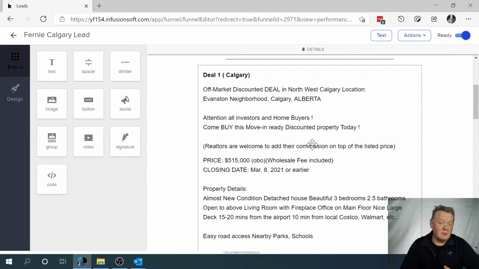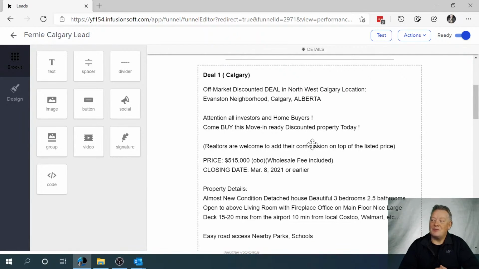By the way, the system was working because it's taking care of it. There is no more active deal lead on this aspect. So: off-market discounted deal in northwestern Calgary. Sure, definitely, right? Neighborhood, Calgary, Alberta, all investors and home buyers.